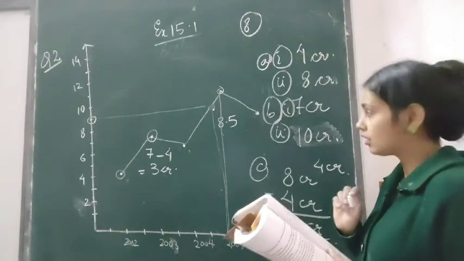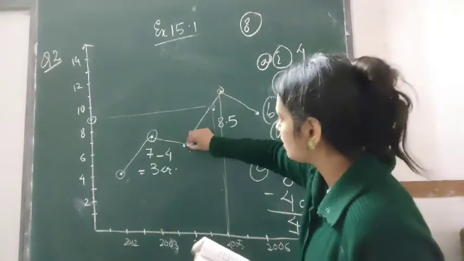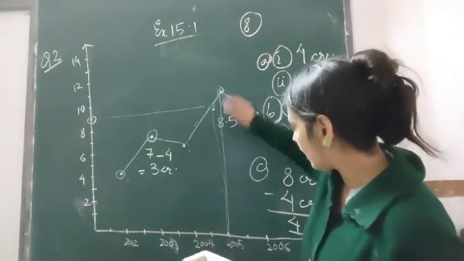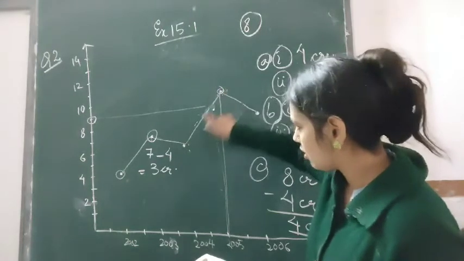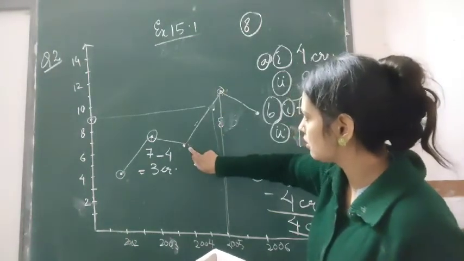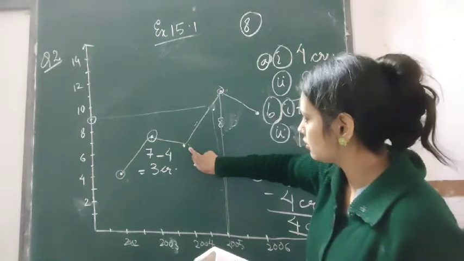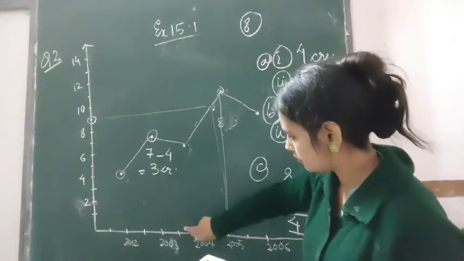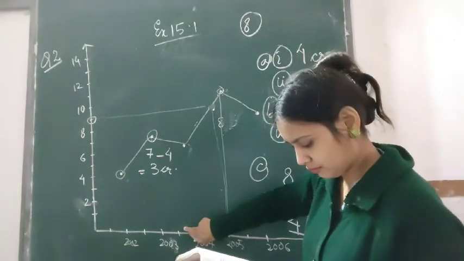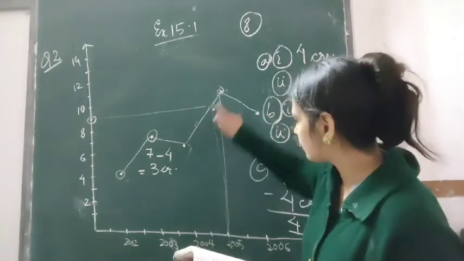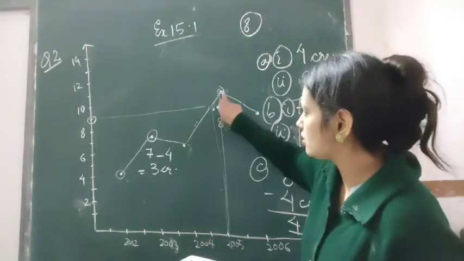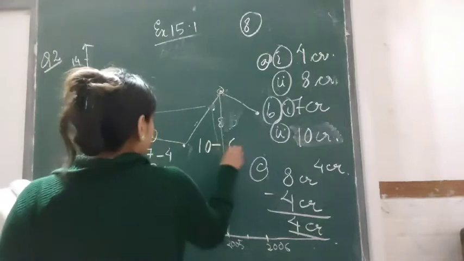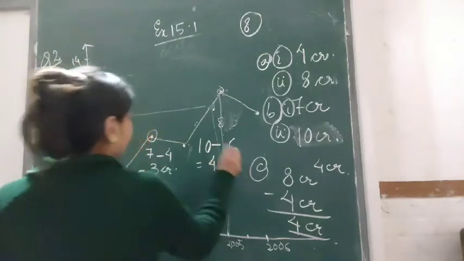In which year was the greatest sale? So here, as you can see, the difference will also come more. That is 10 minus 6, that is 4 crores. This is so confusing, no?